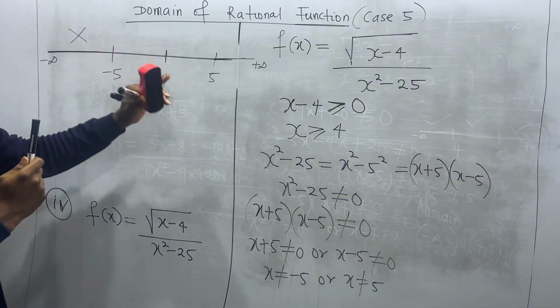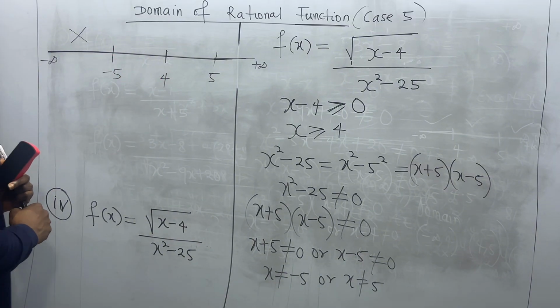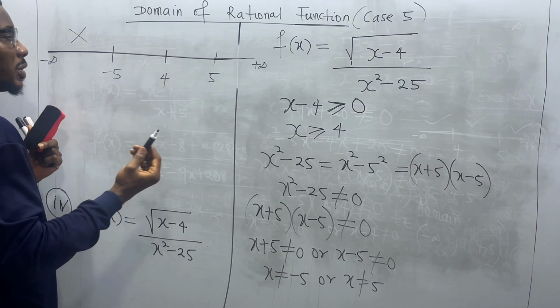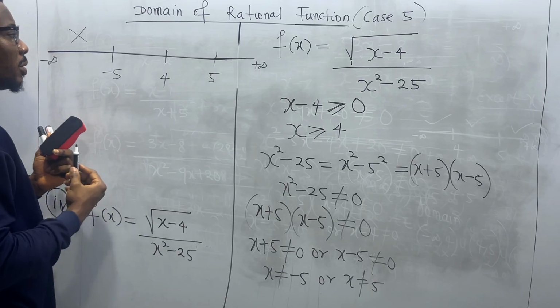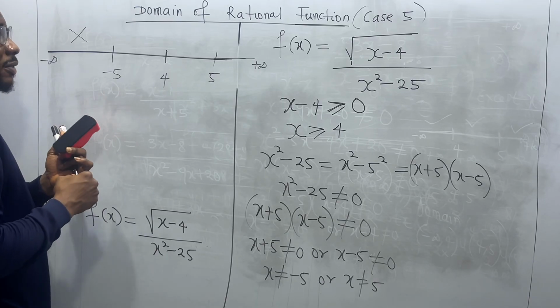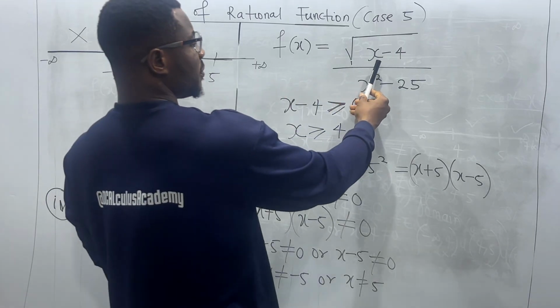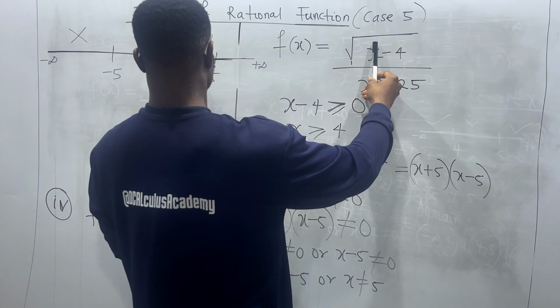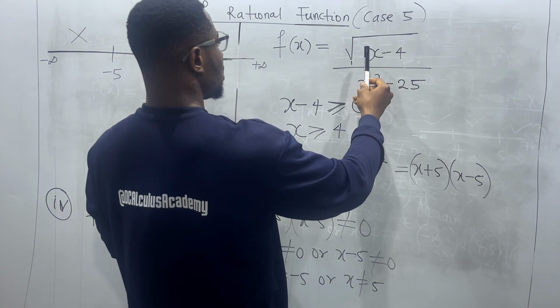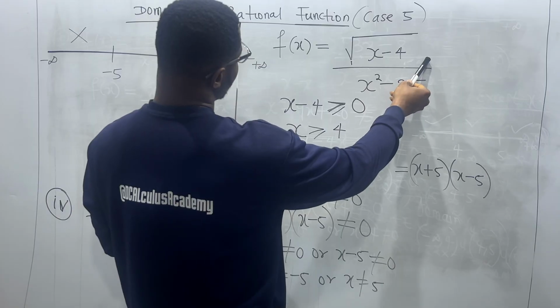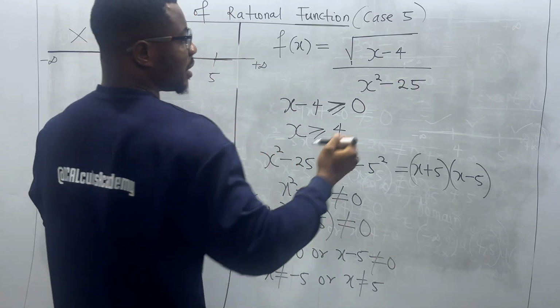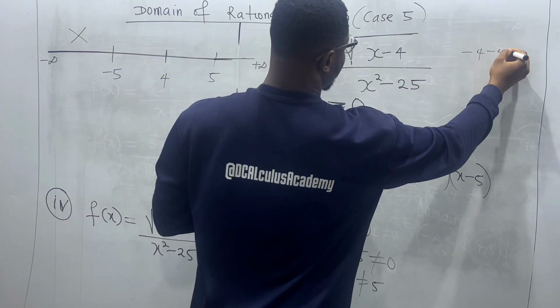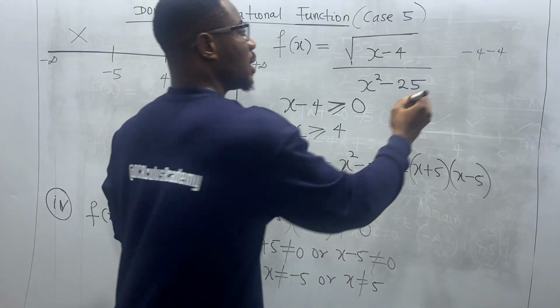However, let's check for between negative 5 and 4. Now, let's say negative 4, or let's use 0. Any of them. If I pick negative 4, I'll be having negative 4 minus 4, and that gives us negative 8.